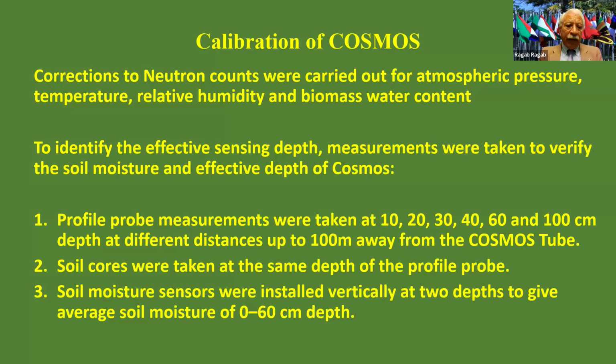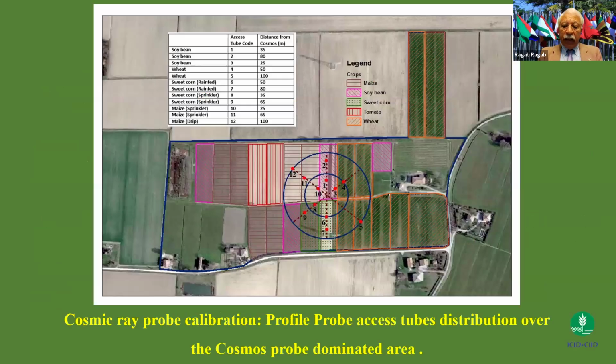For that reason, I started to do the calibration of the Cosmos in irrigated agricultural lands in Bologna. I used profile probe measurements to compare with the Cosmos at different depths. I also used soil cores and soil moisture sensors. And that's the map of the calibration.